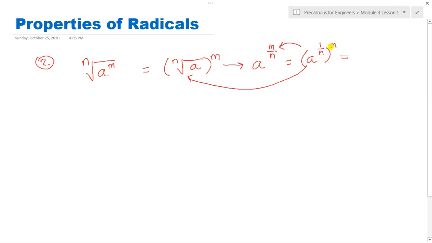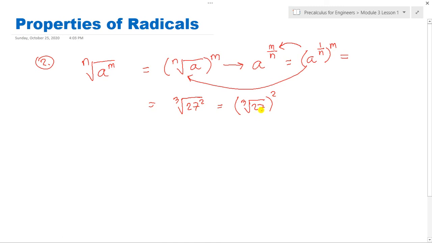Then, raised to the power of m. So let's try. Example. How about we are given a cube root of 27 squared. So you can rewrite it using our second rule. So it is just simply a cube root of 27 raised to the power of 2. So ganun.